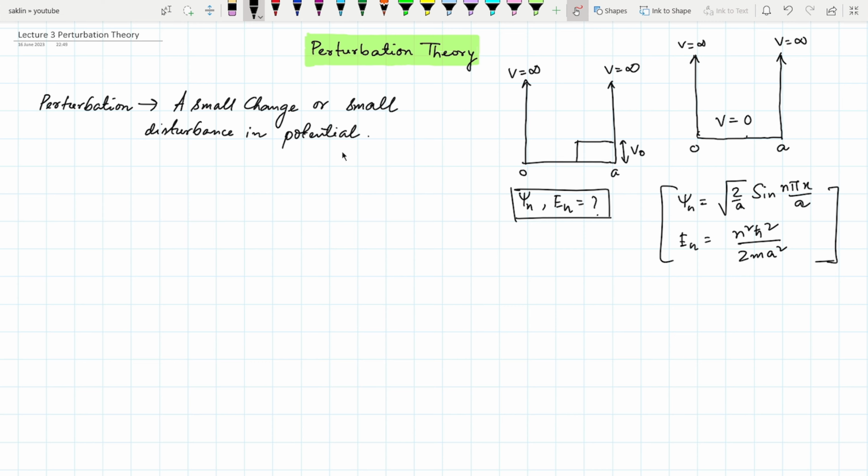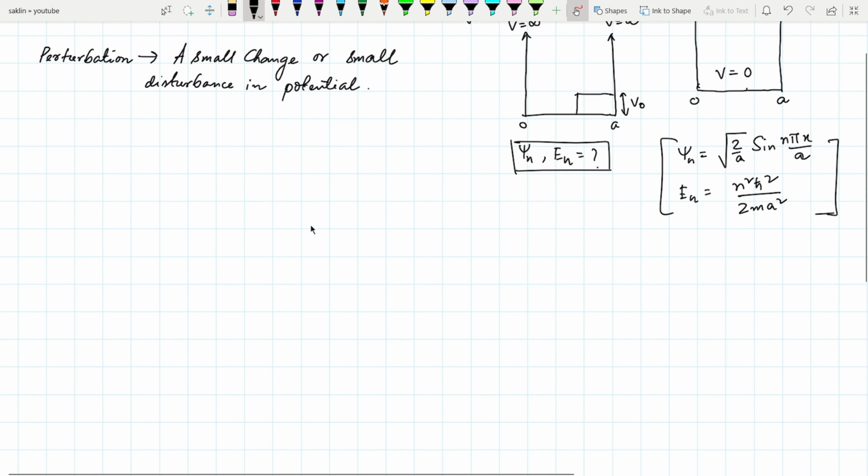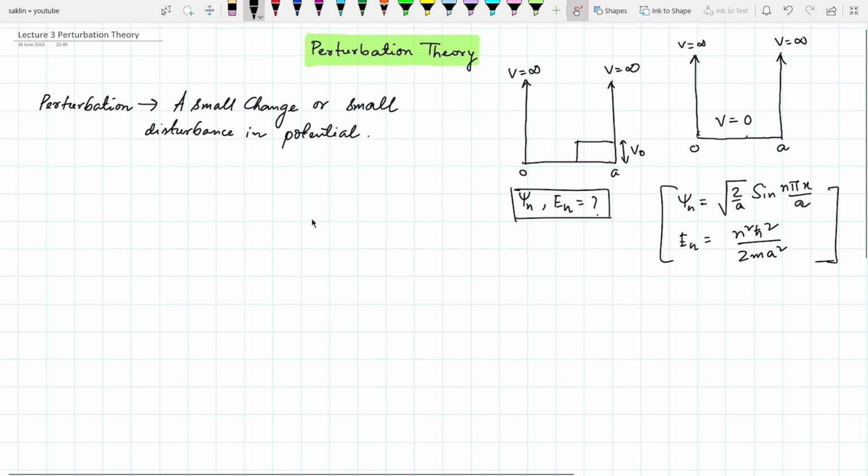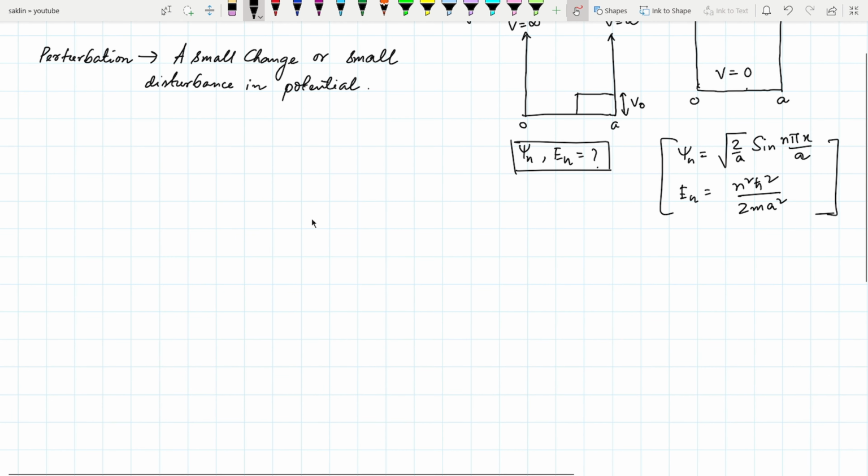Okay, so in this theory we will deal with the small change in potential. For this change, what will be the energy eigenfunction and energy eigenvalue? We will derive it from this theory.